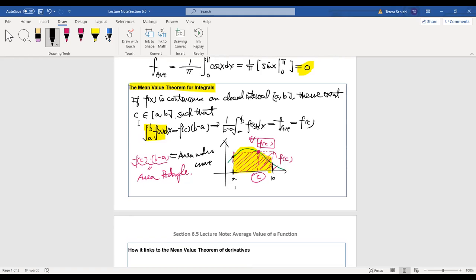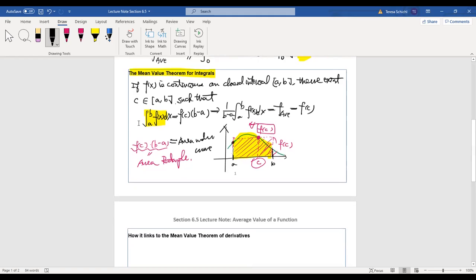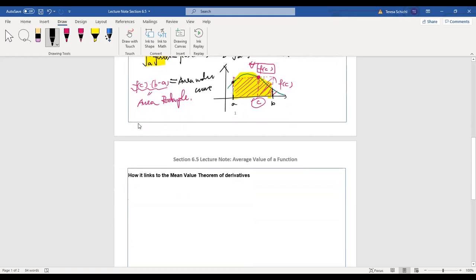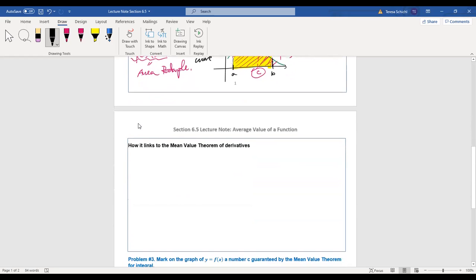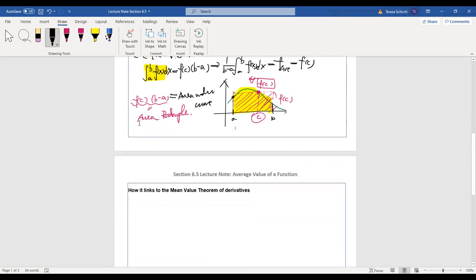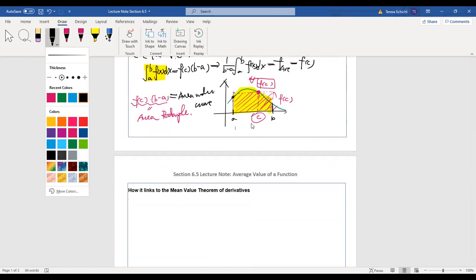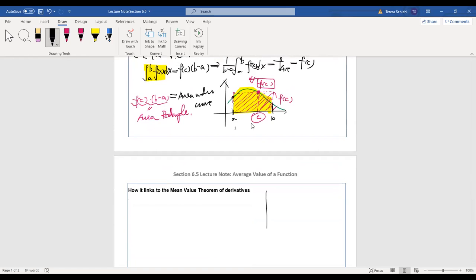It kind of makes sense, right? Let's compare. We learned in calculus 1 the mean value theorem for the derivative. So what is the mean value theorem for the derivative? Let's review what we mean here.